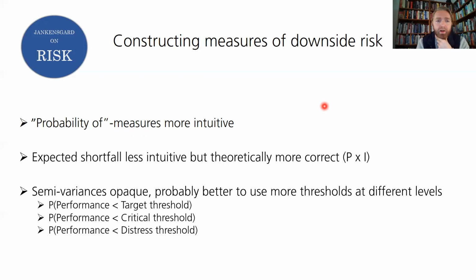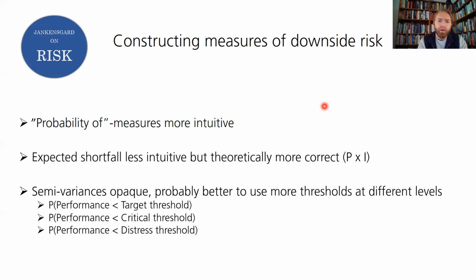Then these semi-variances are more opaque and work less well for communicating risk. They're good though, in the sense that they are aligned with the theory of it all, that it is justified in many cases to argue that it gets progressively worse the larger the shortfall is. There's not a linear development in the cost of risk here.